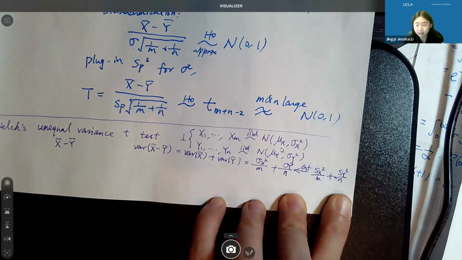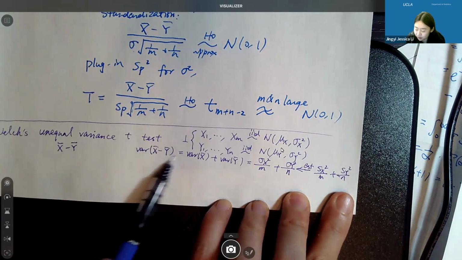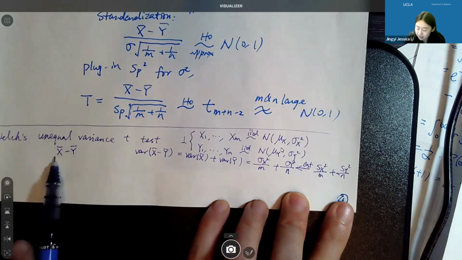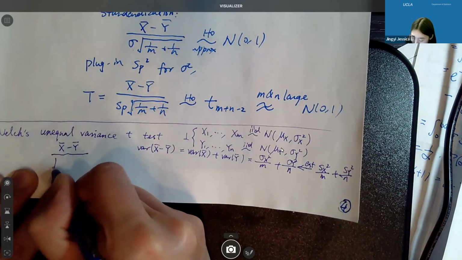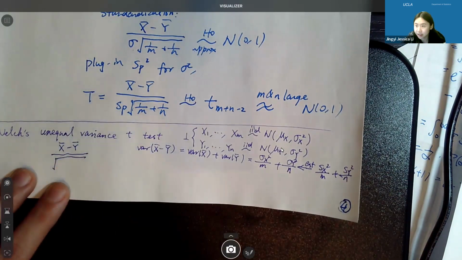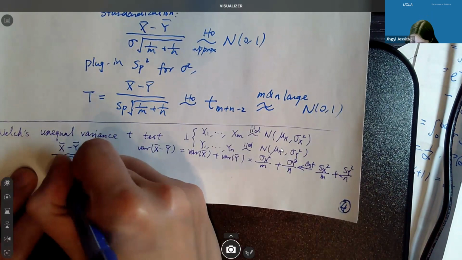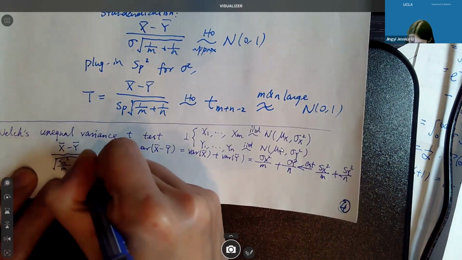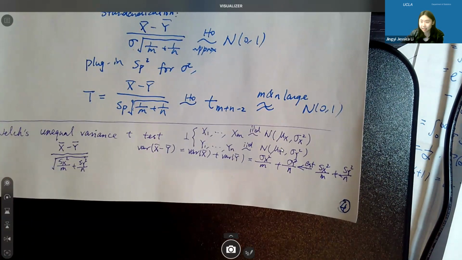Then to standardize x bar minus y bar, we just put in the estimated standard deviation of it, which is the square root of Sx squared over m plus Sy squared over n. This is the test statistic for Welch's t-test.